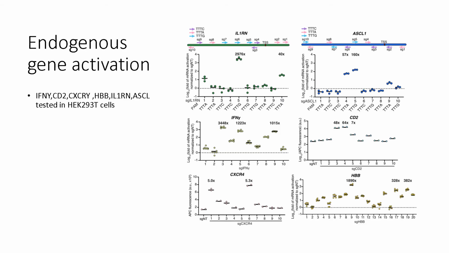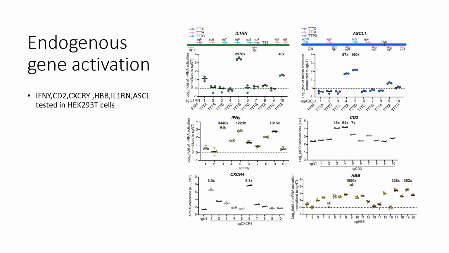We next tested whether the Cas-mini VPR could activate endogenous genes such as IL1RN and ASCL1 in HEK293T cells. It shows that gene activation is highly dependent on the single guide RNA targeting site.